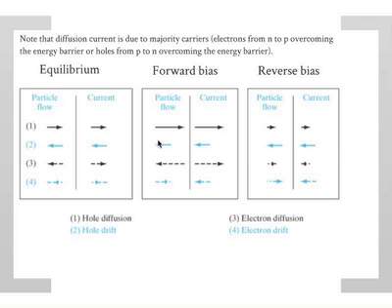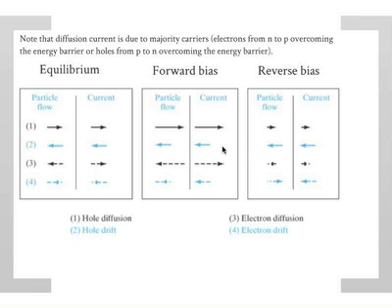Even if the field changes a little bit, there are no carriers here. Remember, the drift current is proportional to the carriers. Our assumption is there are basically no carriers in the depletion region, or very few, so the drift current cannot change dramatically at any instant of time. So this pretty much remains roughly the same.